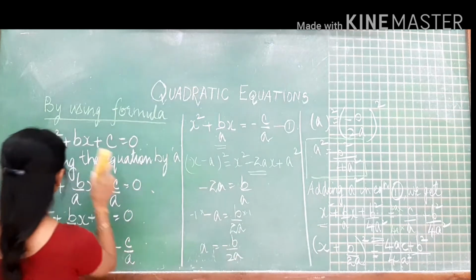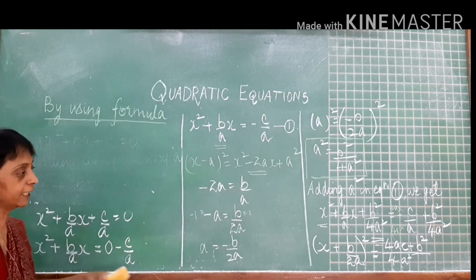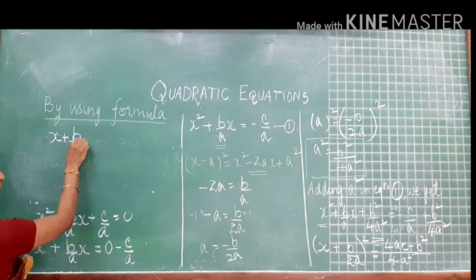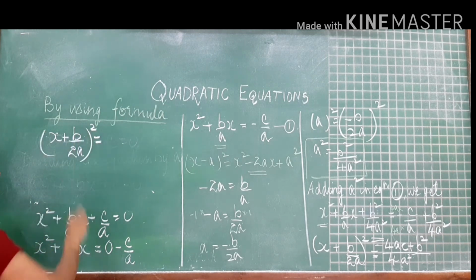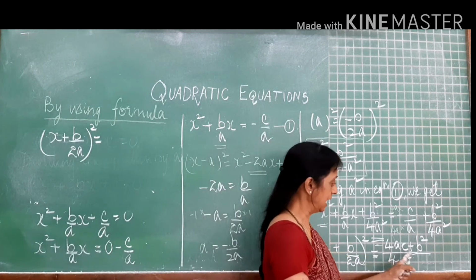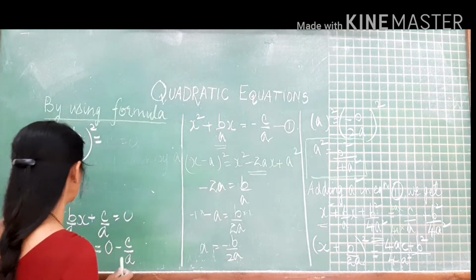Let's move on, children. Now pay attention. I'll write that back. So x plus b upon 2a the whole square will be equal to, children. Now over here you have the minus sign first and then the plus sign. You know, children, you have learnt in the earlier classes.